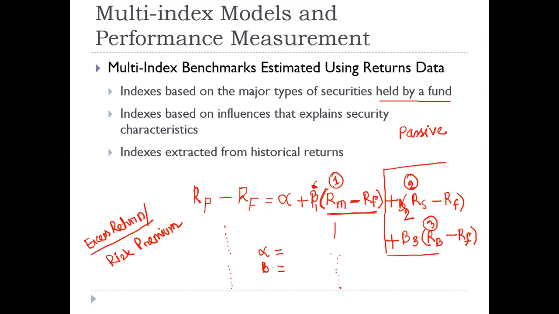And if we see the alpha is significant, can alpha be significant if the portfolio is passive? When is it expected that alpha is significant, in active or passive?